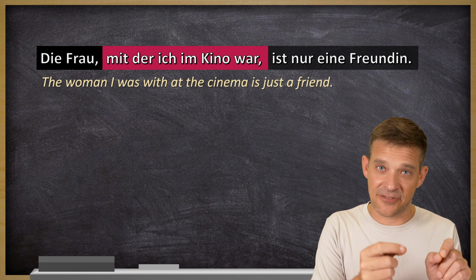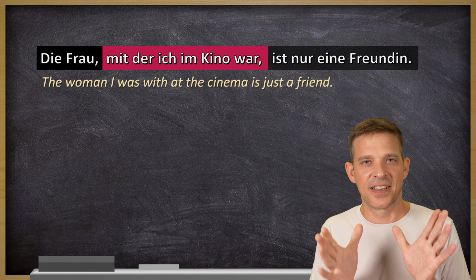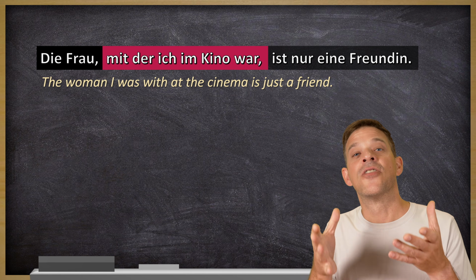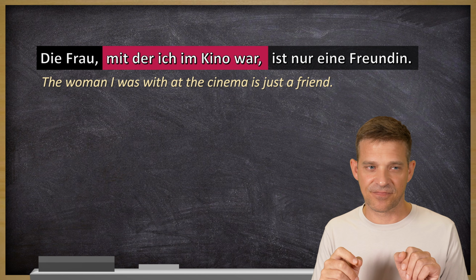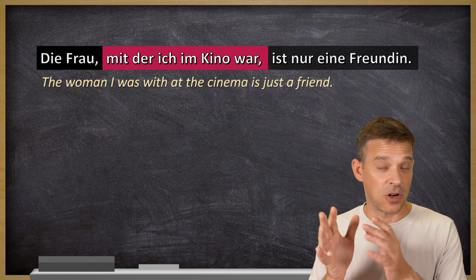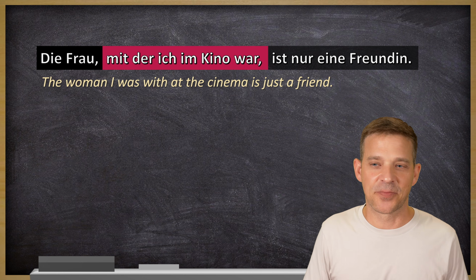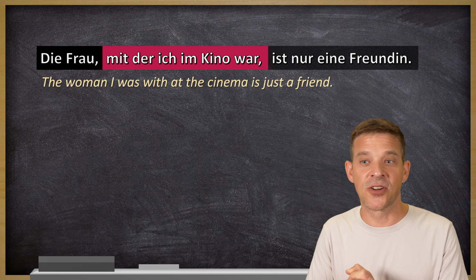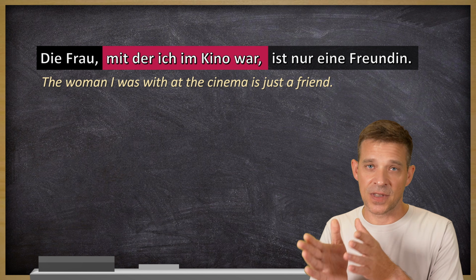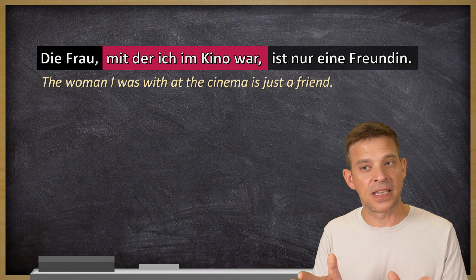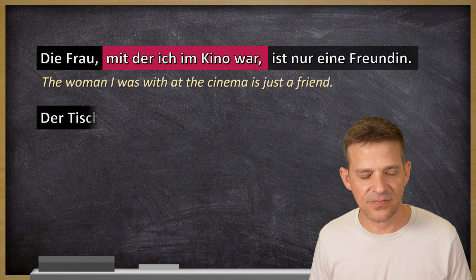When we use an indefinite article, like in this case here, eine Freundin, this just means it's a female friend, not girlfriend. Of course, you can think what you want about this sentence, but anyway, this is just a small side note. Eine Freundin, indefinite article, is a friend. It's a female friend, not girlfriend. Meine Freundin would be my girlfriend.